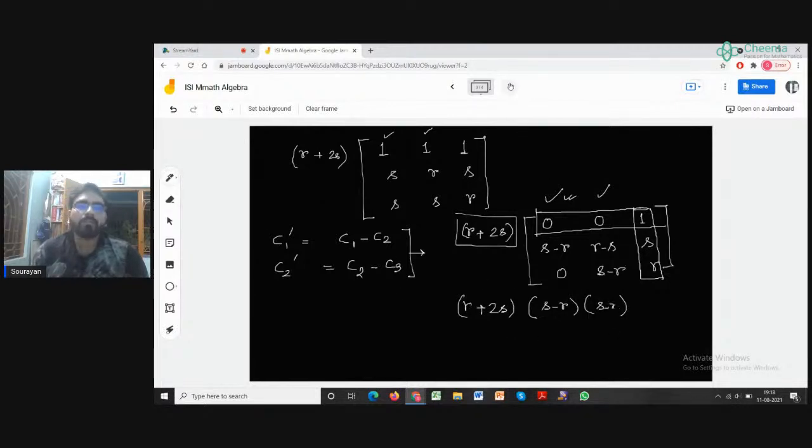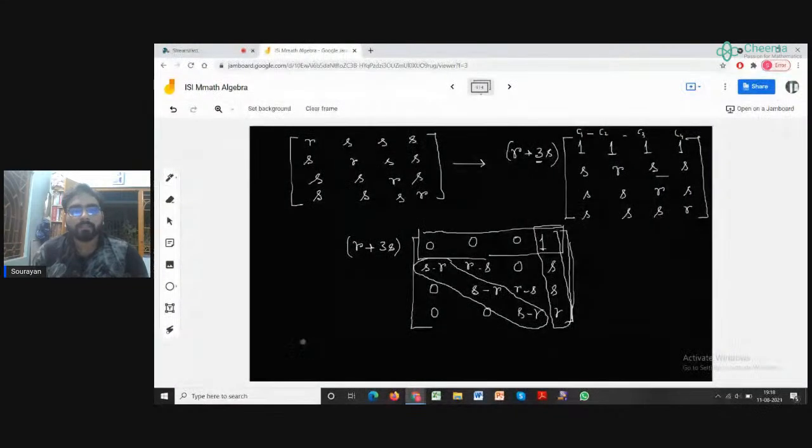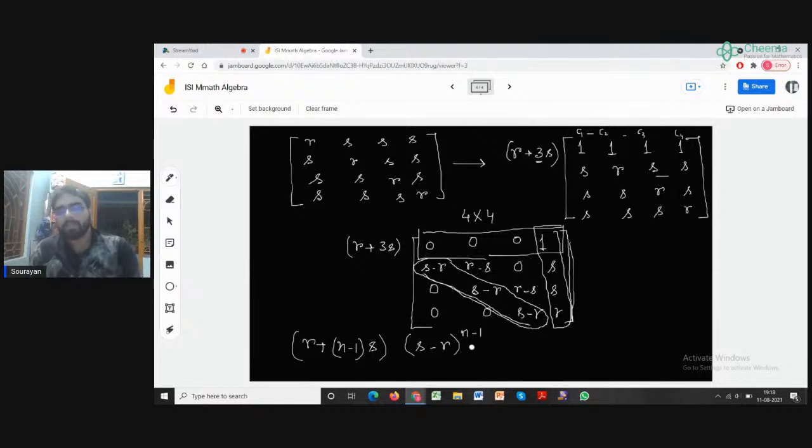So in general, what will happen is r plus n minus 1 into s minus r. As you can see, it is 4 cross 4, thus this is s minus r whole cube. So if it is n cross n, then you will have s minus r whole to the power n minus 1. Okay, but there will be a sign change.